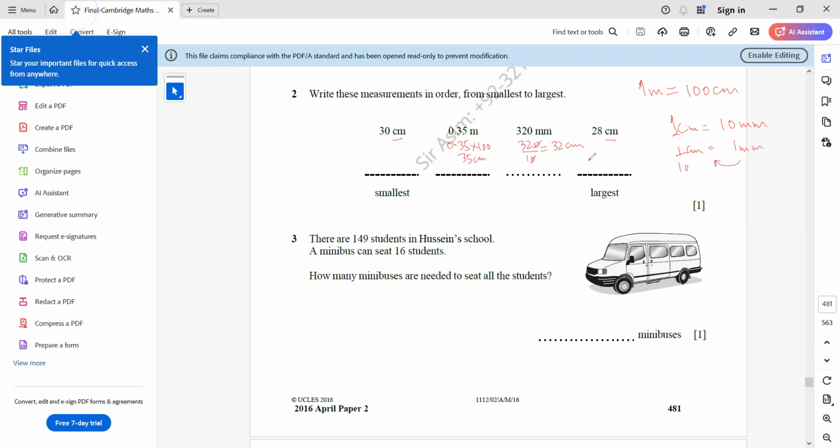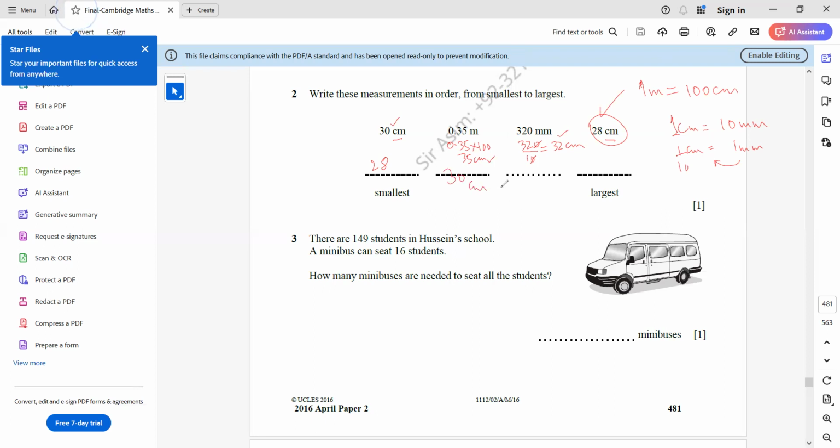Now all the amounts are in centimeters. We can compare them very easily. 28 being the smallest, we can write it here. Then we are left with 32, 35, and 30. So the second place would be 30 centimeters.